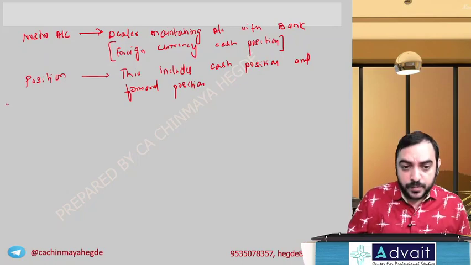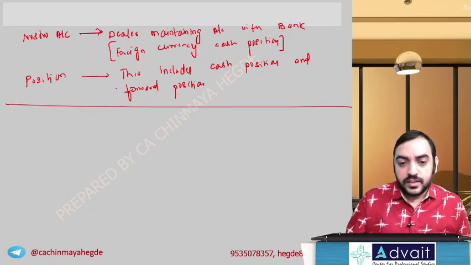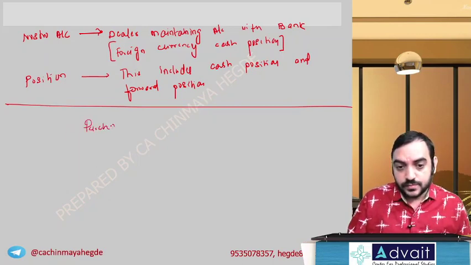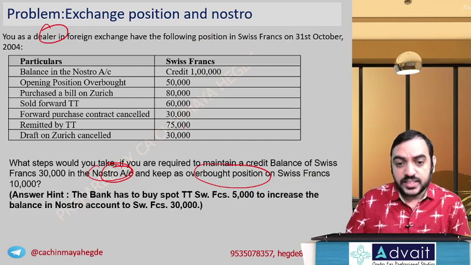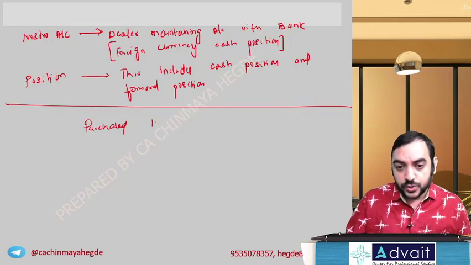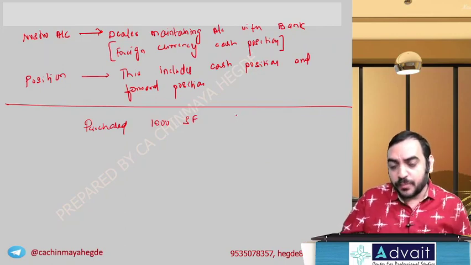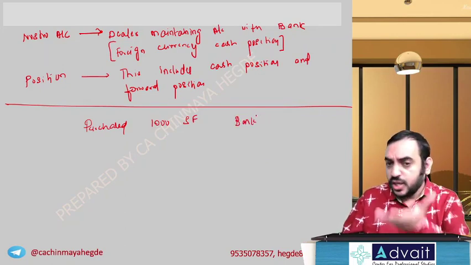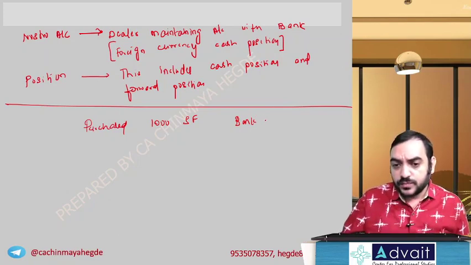Let me give an example here. Suppose a dealer purchased, in this case, let's say 1000 Swiss francs. So you will have a Swiss franc bank balance, right? In your bank account, Swiss francs will show 1000.